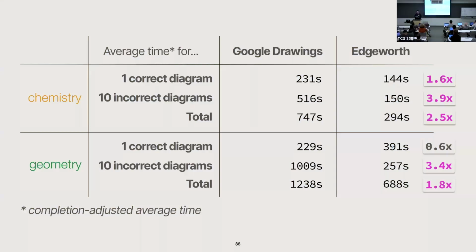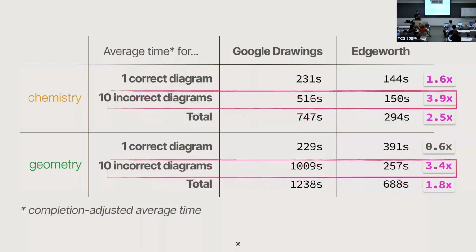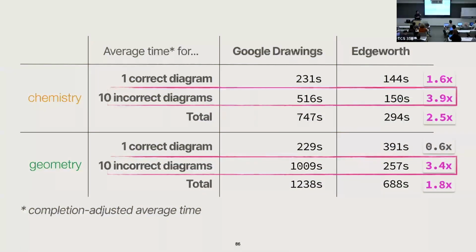Now onto some timing results. Taken together, participants are roughly 2 to 2.5 times faster when using Edgeworth to produce the translation problems. The speed gain is especially big when making incorrect diagrams, where Edgeworth is 3 to 4 times faster.